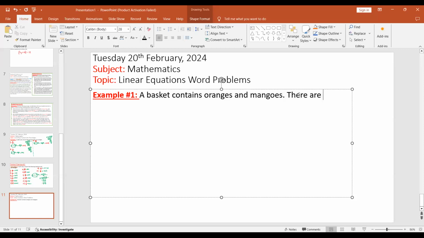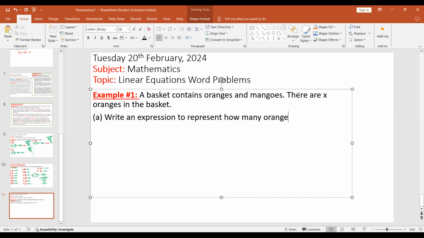There are X oranges in the basket. A. Write an expression to represent how many oranges are in the basket.